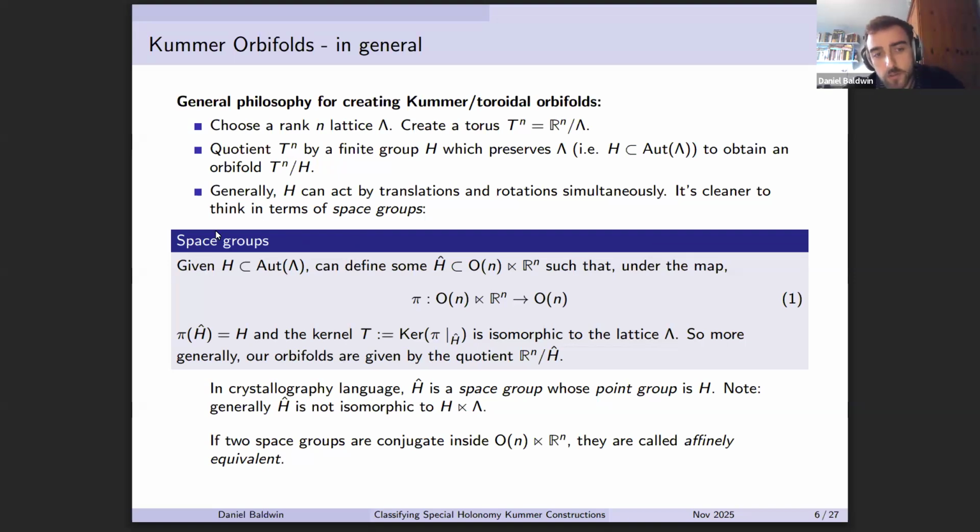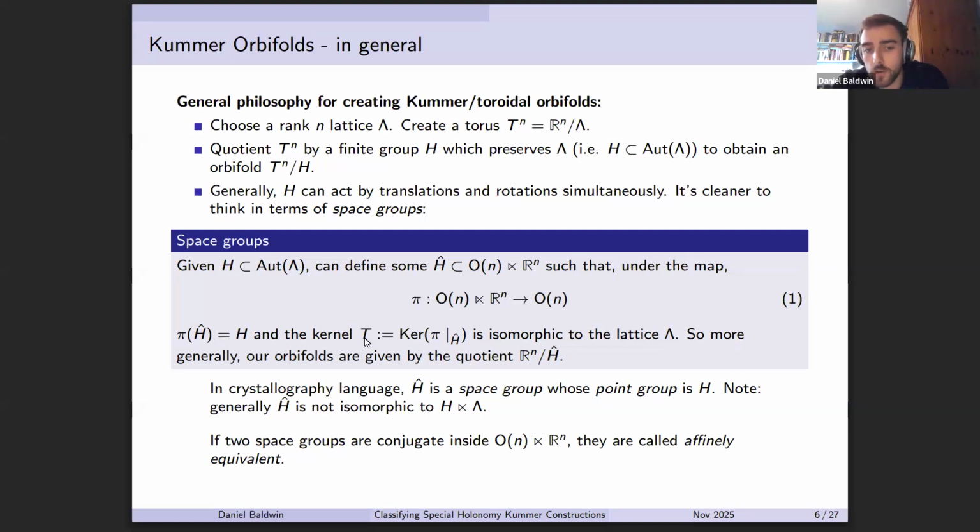Given some subgroup H of the automorphism group of a lattice, lambda, we can define some H hat, which sits inside the Euclidean group, O(n) semidirect R^n, such that under the map pi, which forgets translations, so this pi just projects onto the rotation factor, the group H hat is isomorphic to H, and the kernel of this map is isomorphic to the lattice lambda.